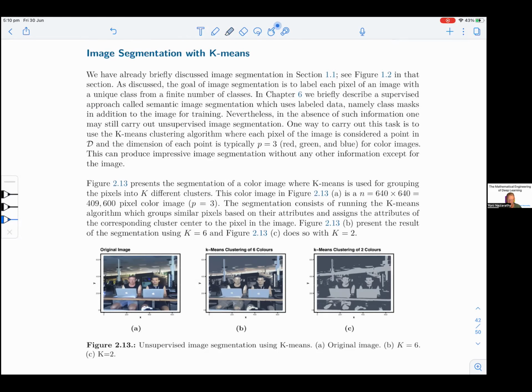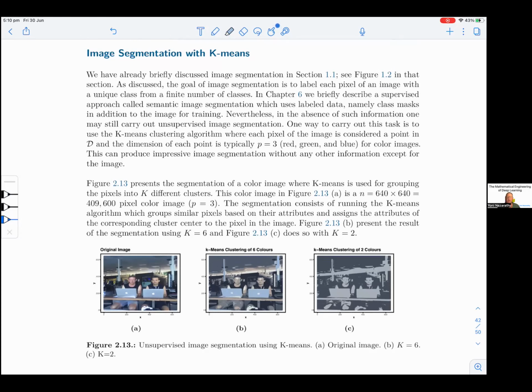As discussed, the goal of image segmentation is to label each pixel of an image with a unique class from a finite number of classes. In chapter 6, we've briefly described a supervised approach called semantic image segmentation, which uses label data, namely class masks, in addition to the image for training. Nevertheless, in the absence of such information, one may still carry out unsupervised image segmentation.